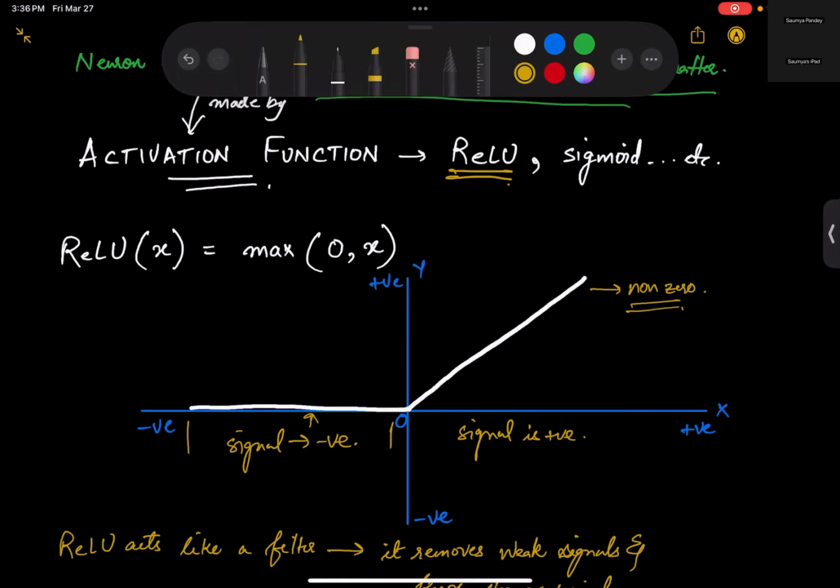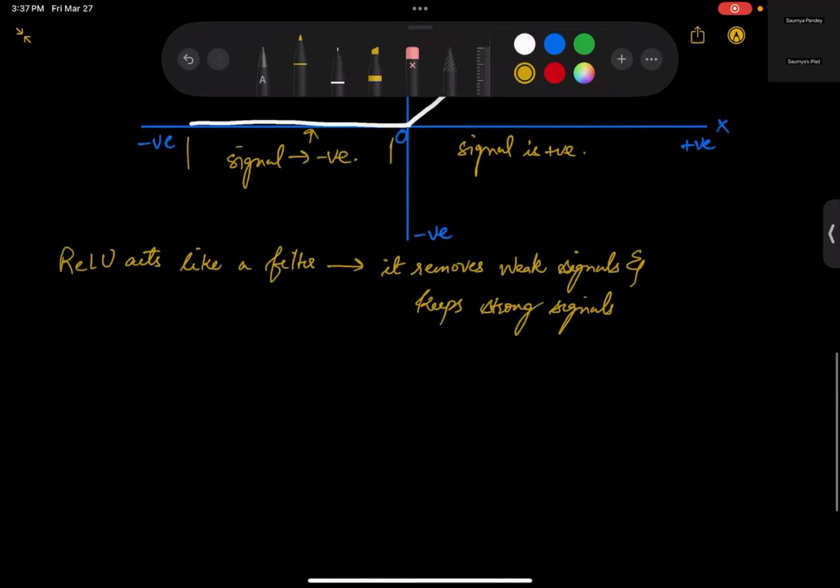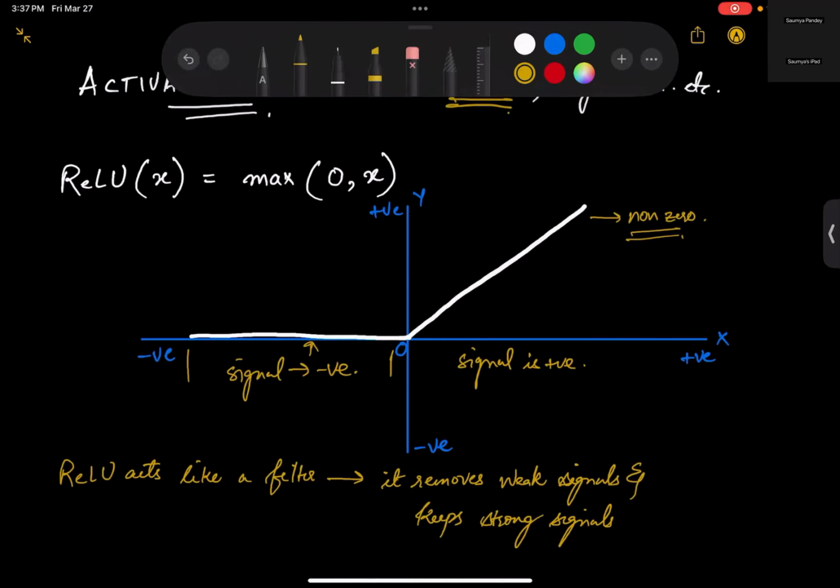Now the neuron is making a decision. And what is that? The neuron is saying, is this signal strong enough for me to care? And the activation function is helping the neuron make that decision. So firing would take place here, and here the neuron would be silent. And here the neuron would fire.